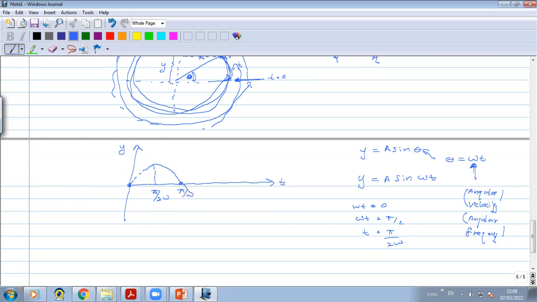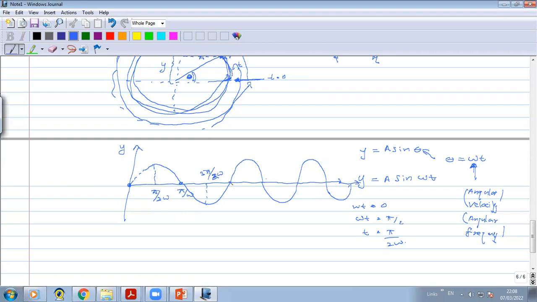You can have the same graph like this. And this point is omega t is equal to 3pi/2, that means here t is equal to 3pi/2 omega.